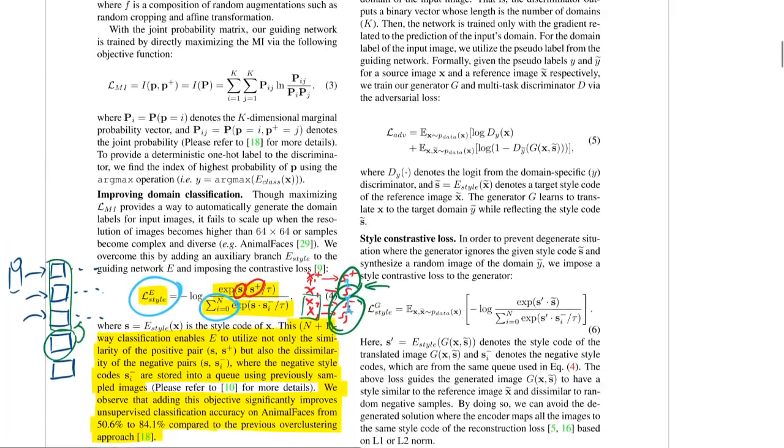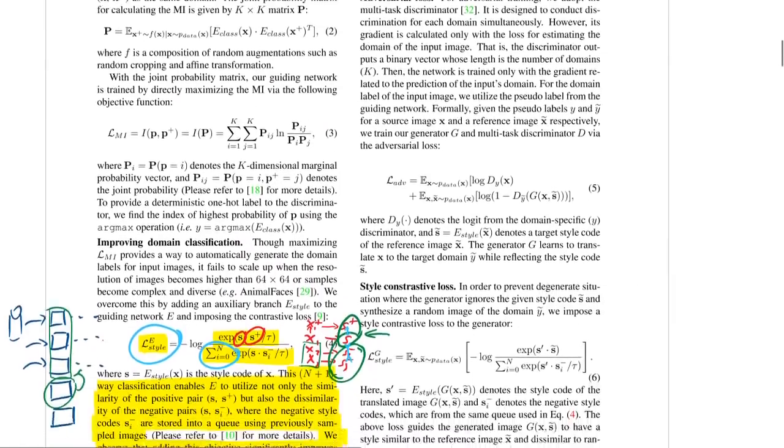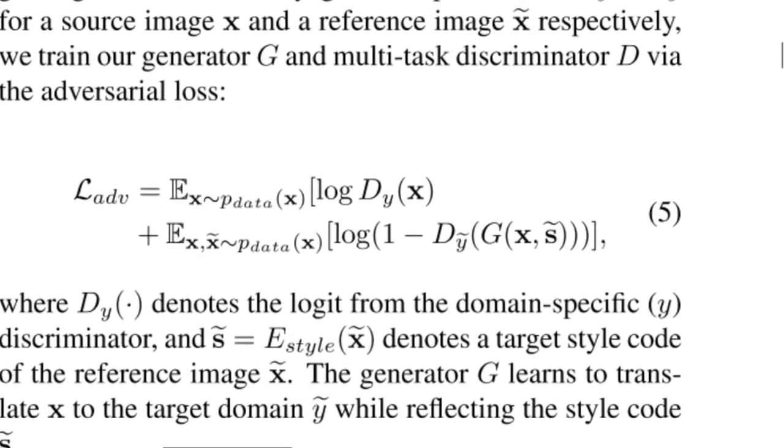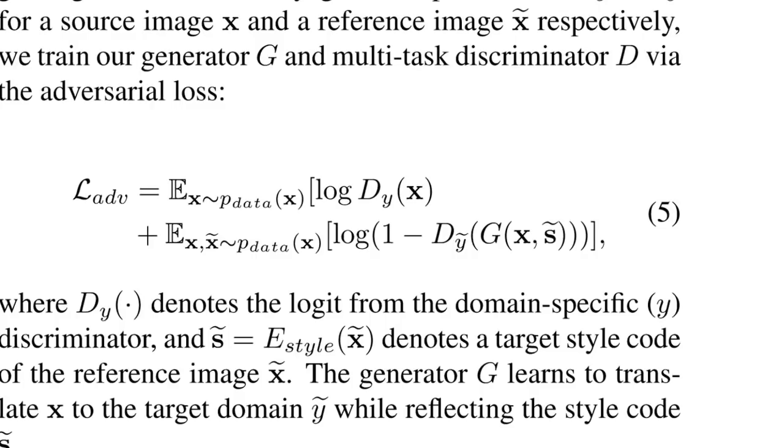And now we go to the adversarial loss. So the question is, how do we train the generator and the discriminator? So they have three different losses for the generator and the discriminator, and the most important one, of course, is this adversarial loss right here. So the discriminator simply tries to distinguish, is an image real or fake, conditioned on a class.